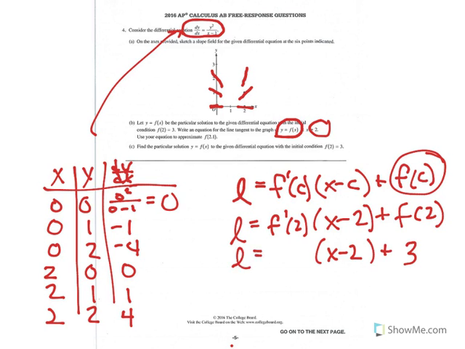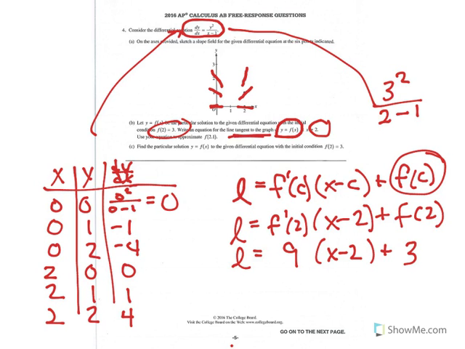The slope at the point 2, 3 would be, I just fill them into the slope equation, which would be 3 squared over 2 minus 1, which would give me a slope of 9. That's my line tangent to the graph.